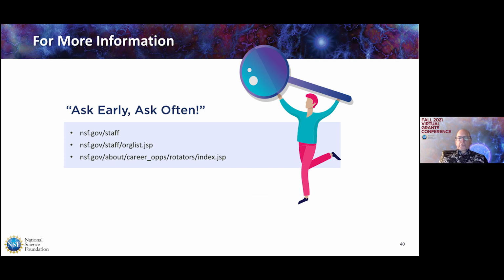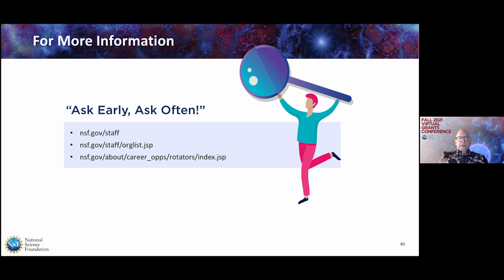So the mantra that you hear is ask early and ask often. And I say that not just because you will have many questions and the person that may well provide those answers is the program officer, but the program officers at NSF are rather busy, in many cases overwhelmed, I will say. So if you don't hear back from them, you'll have to ask often in order to get the response that you may need.